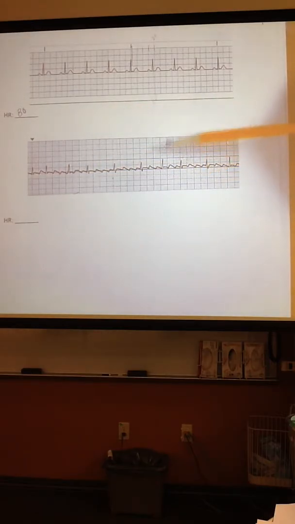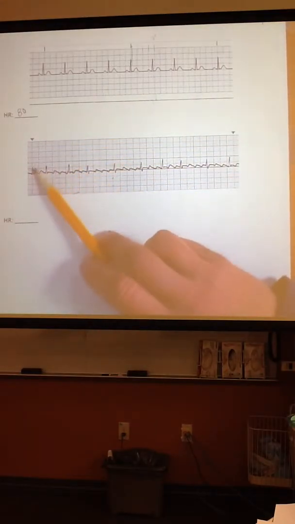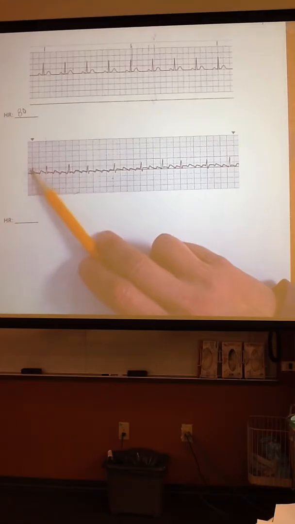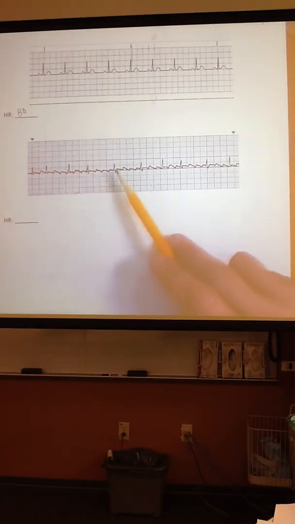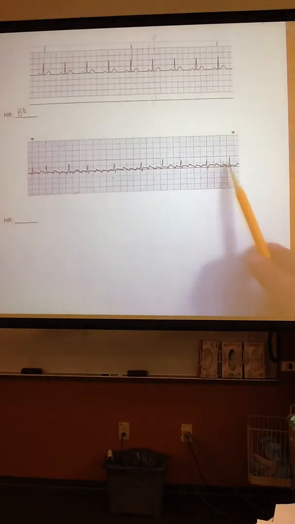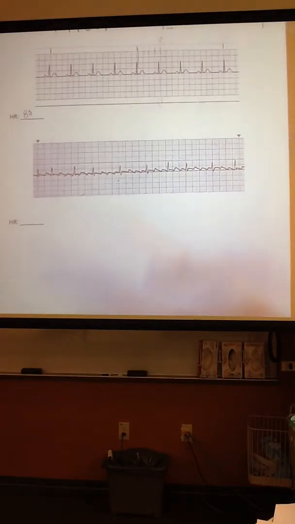If we're just counting beats, we're on the line here, so we can count it or not, maybe count and add 5 at the end. 1, 2, 3, 4, 5, 6, 7, 8, 9. So our heart rate is around 90 to 95 for this strip.